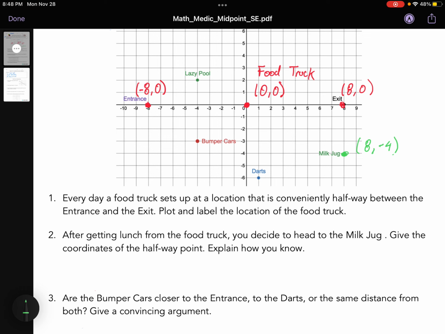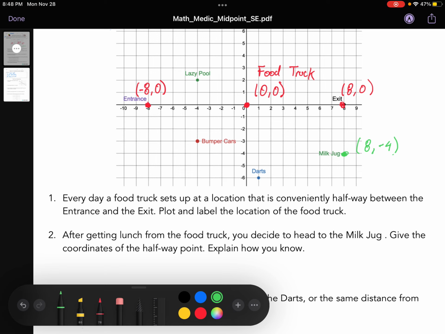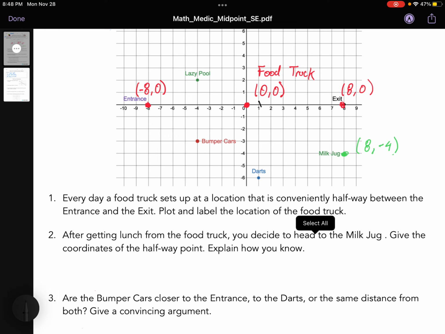Well, step number 1, if you want to find the midpoint, label the points that you're going to use. Let's write this in black. We have x1, y1, x2, y2. We labeled the points. Now we can plug into the midpoint formula.